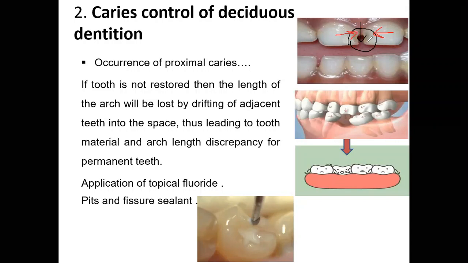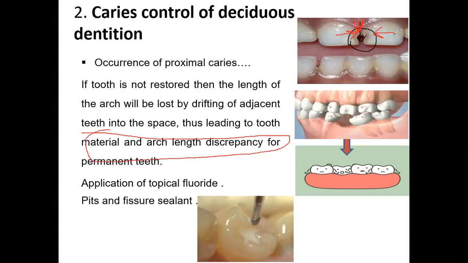Once these teeth drift into the empty space, what will happen? The space required for the permanent teeth will be less. Ultimately, this drifting will lead to arch length discrepancy for the permanent teeth.